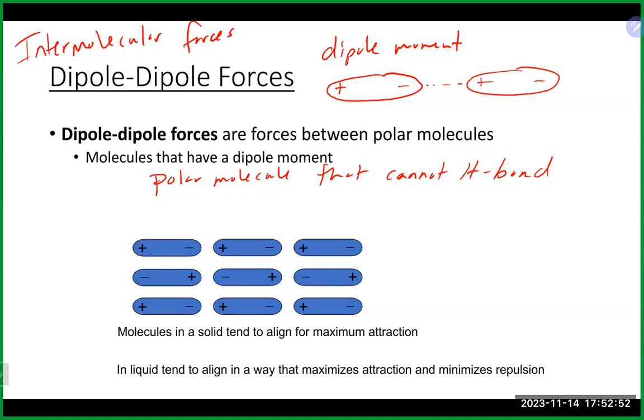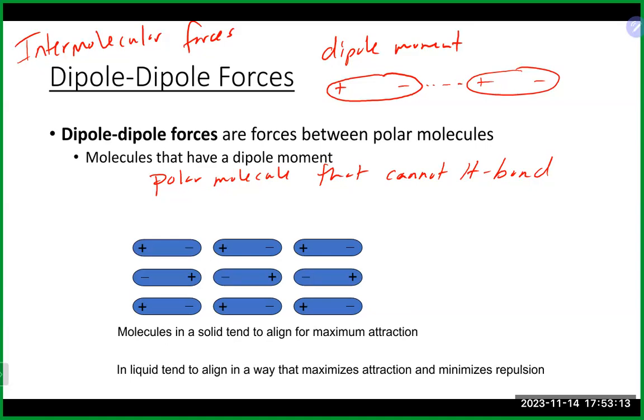And what happens when we have a bunch of polar molecules together in a solid is they try to align themselves in a way that will maximize the attractive forces between the positive side and the negative side of the molecules, and minimize positive sides being near positive sides and negative sides near negative sides.